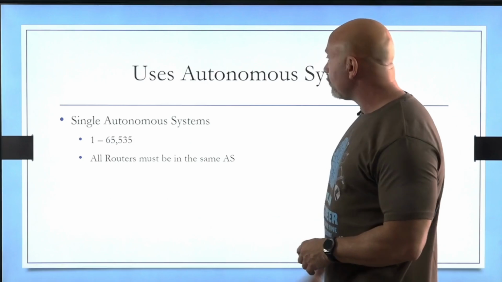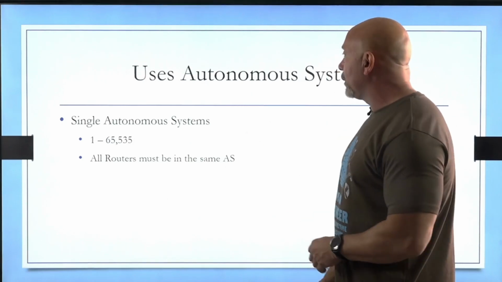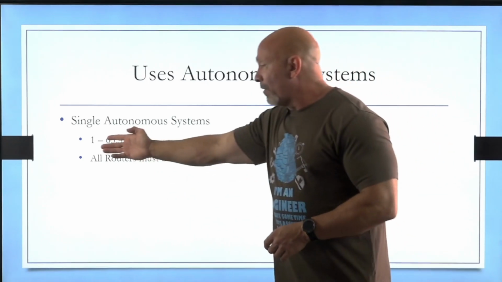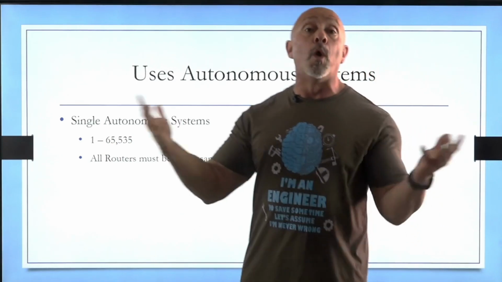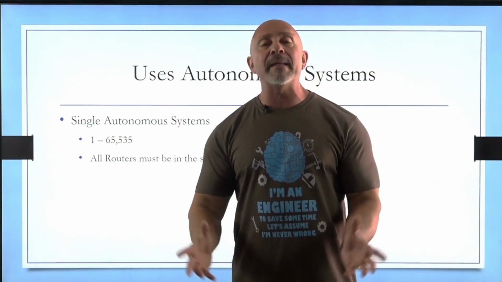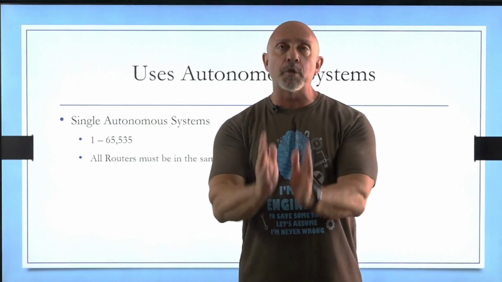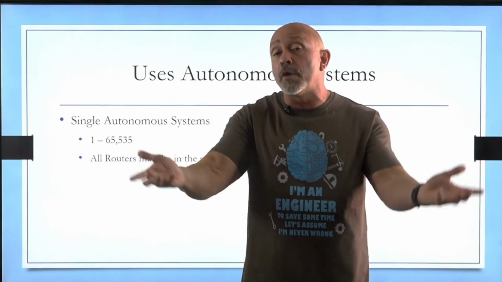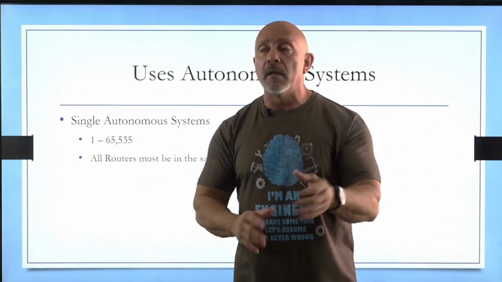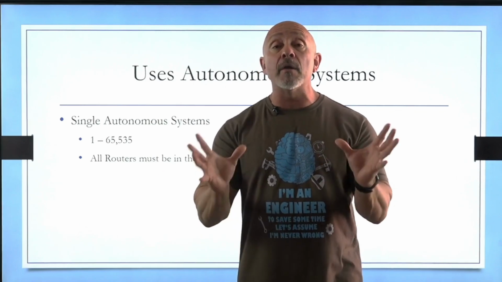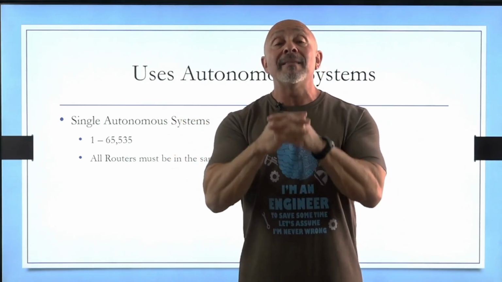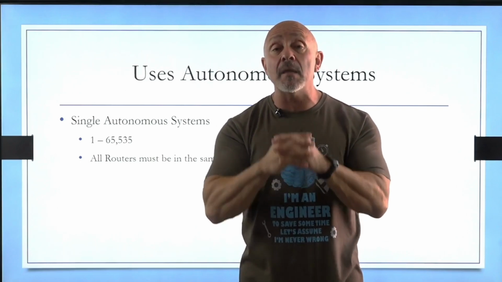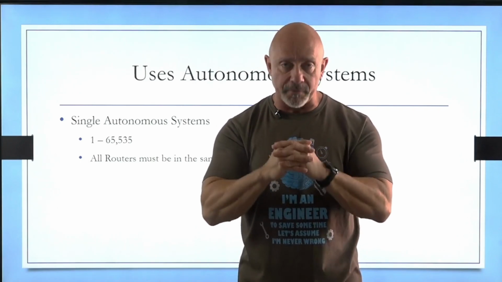Okay. Now, not much to say on the autonomous systems. You have from 1 to 65,535 autonomous systems. What is an autonomous system? Basically, you're going to create, or they will create for you, and you may have to fix it, a setup where all the routers must be in the same autonomous system, which means that they share the same routing table information.